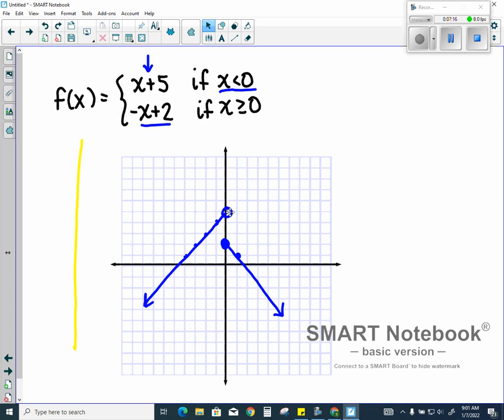One of them will have an open circle, and one of them will be filled in. Okay. There are piecewise defined functions that maybe touch each other. They don't have a break or a skip in them, okay, and that's fine. But if there is a jump between this expression and that expression, one of them will have an open circle, the one where the 0 is not included. The other one will be filled in.